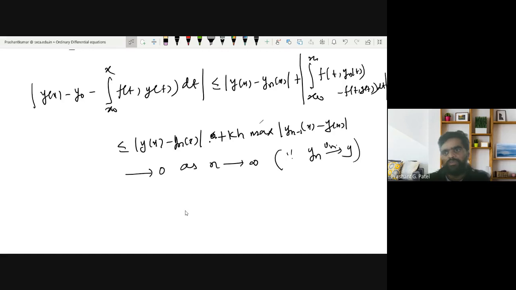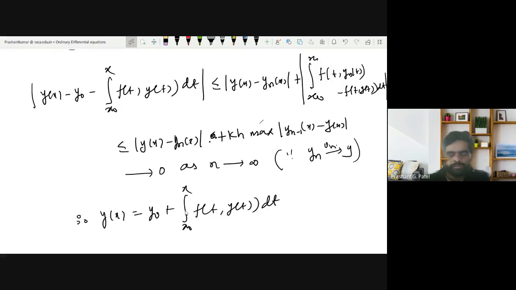Since this is tending to 0, we can say that y of x is equal to y0 plus the integral from x0 to x of f of t comma y of t dt. So hence this is the solution of the given equation. This completes the proof of the second statement.